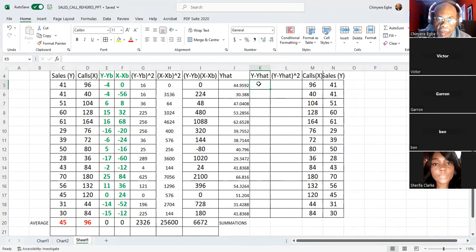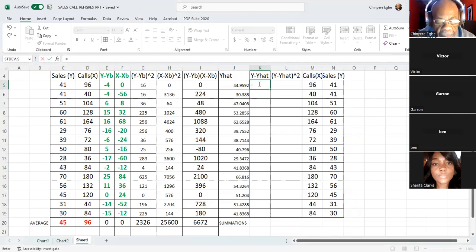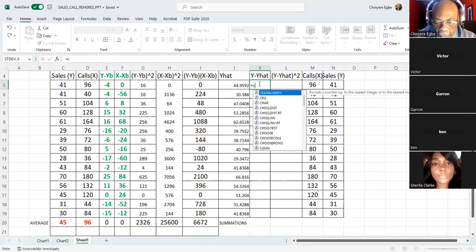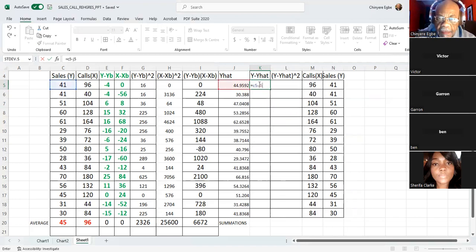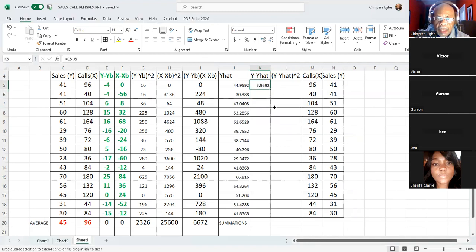So then Y minus Y hat will be equal to Y, which is C5, minus Y hat, which is J5. So C5 minus J5. All right, so you have some negative, some positive.